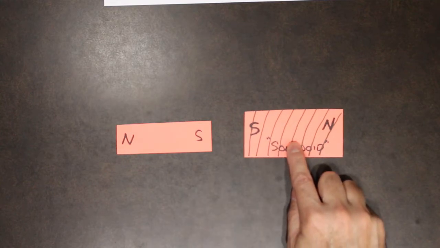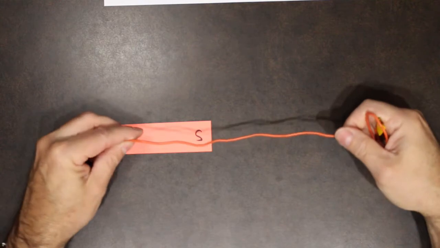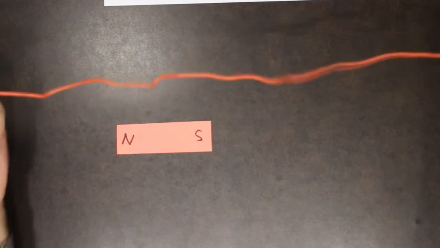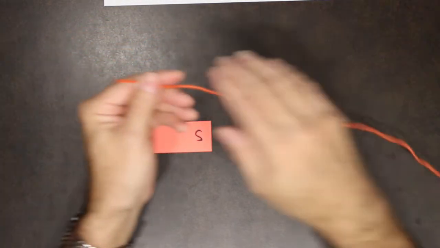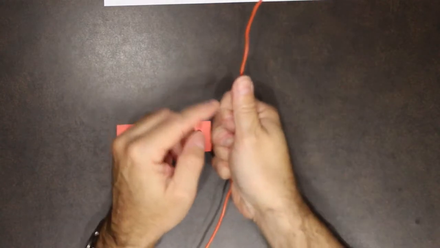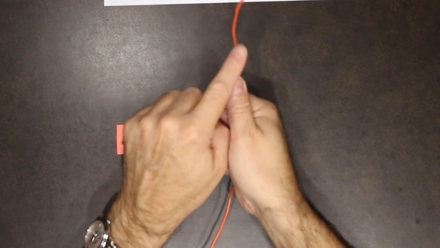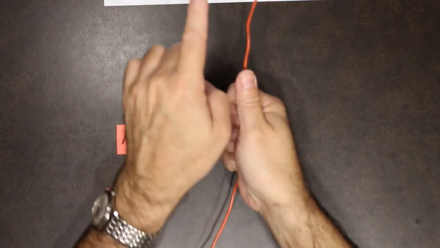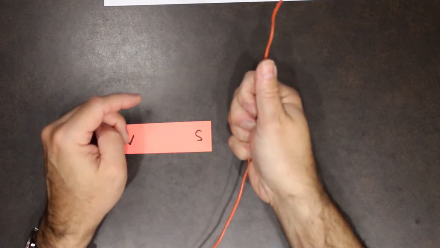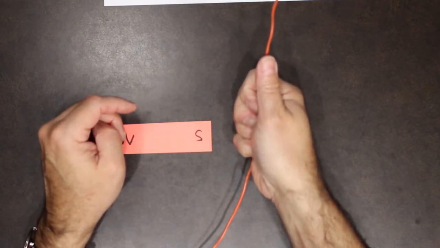So what would happen if I got rid of this and took a conductor and put current through the conductor? If you remember from our discussion, our right-hand rule for conductors said if we put our thumb in the direction of conventional current as it flows through the conductor, our fingers wrap around in the direction of the magnetic lines of force.